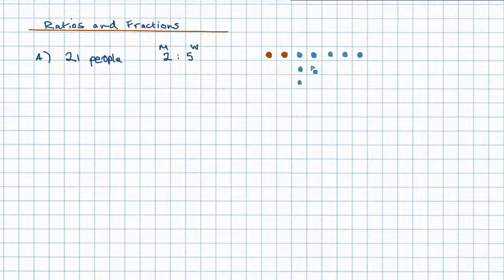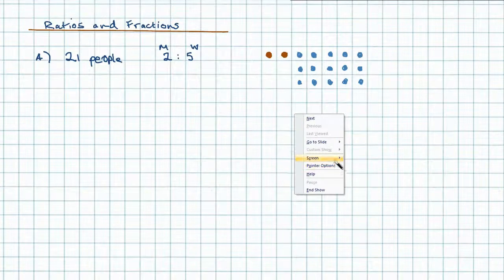So how many men and women are there? Well, we can draw that out very simply like this. So now what I've got are 3 rows of 5, so I've actually got 15 women.